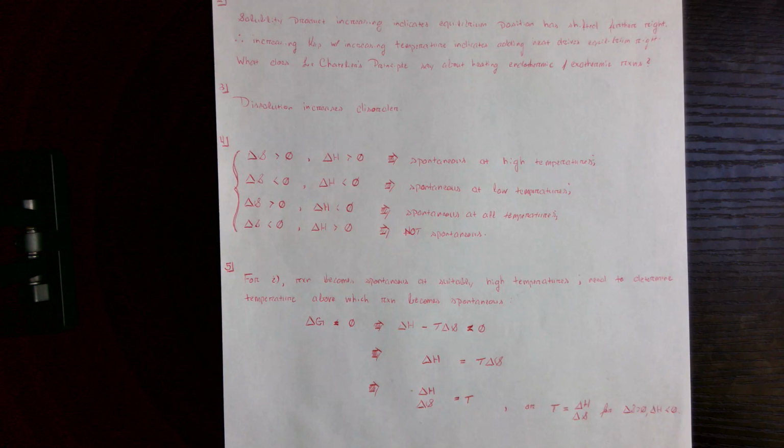In other words, I would expect delta S to be positive. Dissolution tends to increase disorder, and that's how you can remember that. An increase in disorder is an increase in the entropy, and so dissolution probably corresponds to a positive delta S value in general.